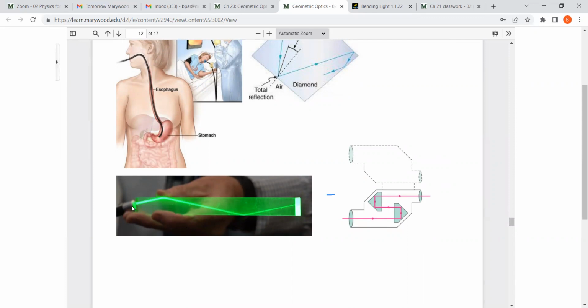So here you see that this is a part of a fiber optic. Light is incident here in this fiber. The surface here is between the fiber optic and air. So light is going from fiber optic to air. The index of refraction of the fiber optic is of course higher than air, so we can see total internal reflection.